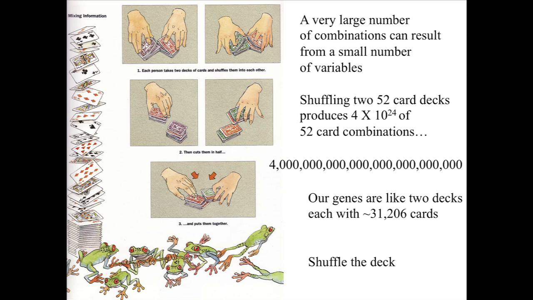So let's go to Foxwoods for a minute. Given that you're 24,567 genes and you're 24,567 genes, let's think about if we just had 52 cards in a deck and shuffled them. That would produce 4 by 10 to the 24 of 52 card combinations. That's a pretty big number.